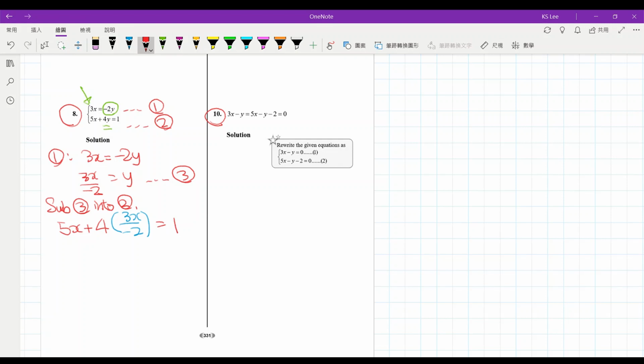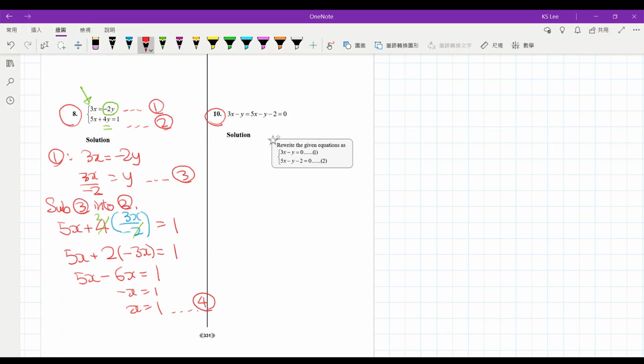So now we can simplify because 4 can be divided by 2 and we have the 2 remaining. So let's go on. And so x equals 1.